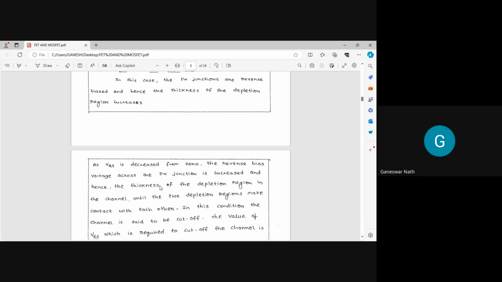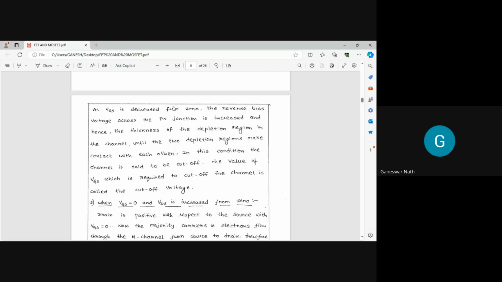Now as VGS is decreased from zero, the reverse bias voltage across the PN junction is increased, and hence the thickness of the depletion region in the channel increases until the two depletion regions make contact with each other.